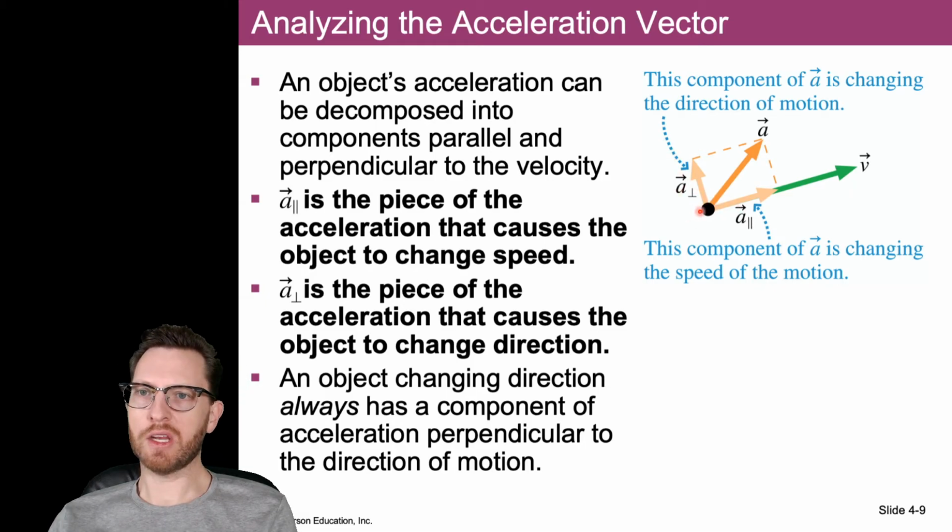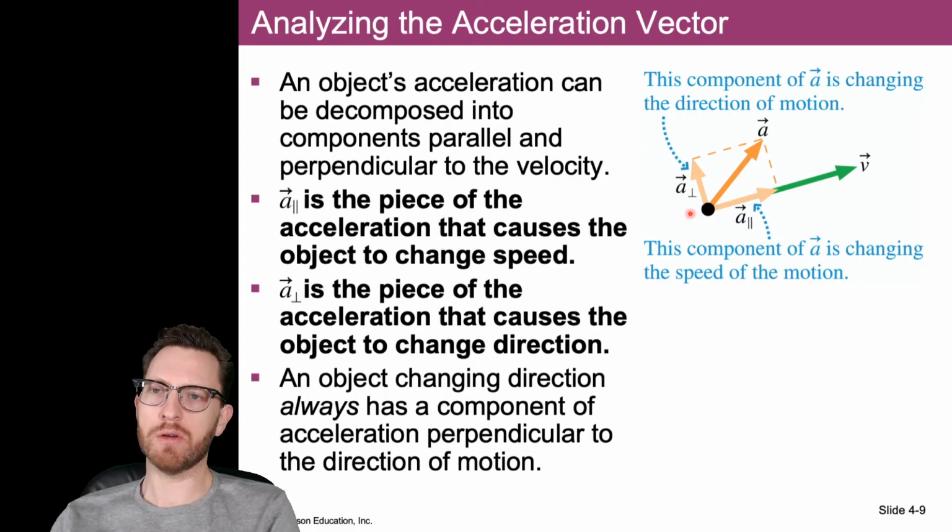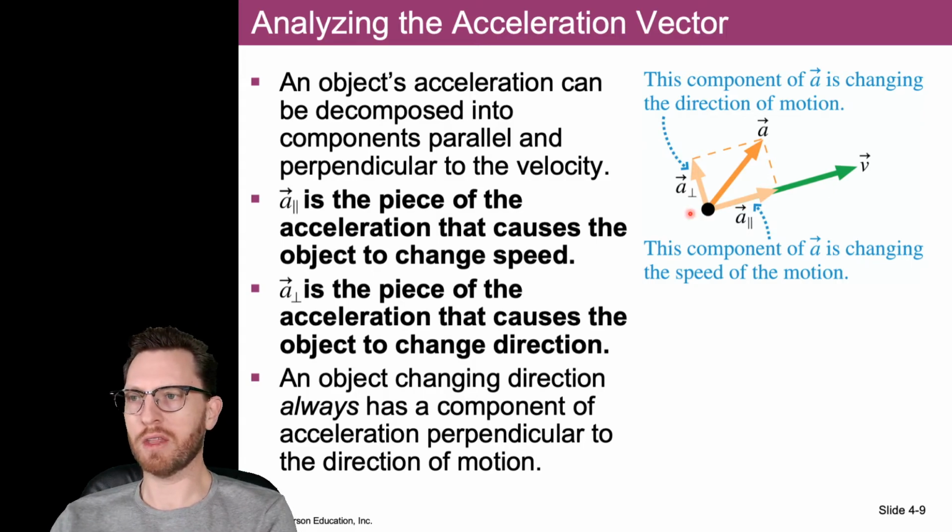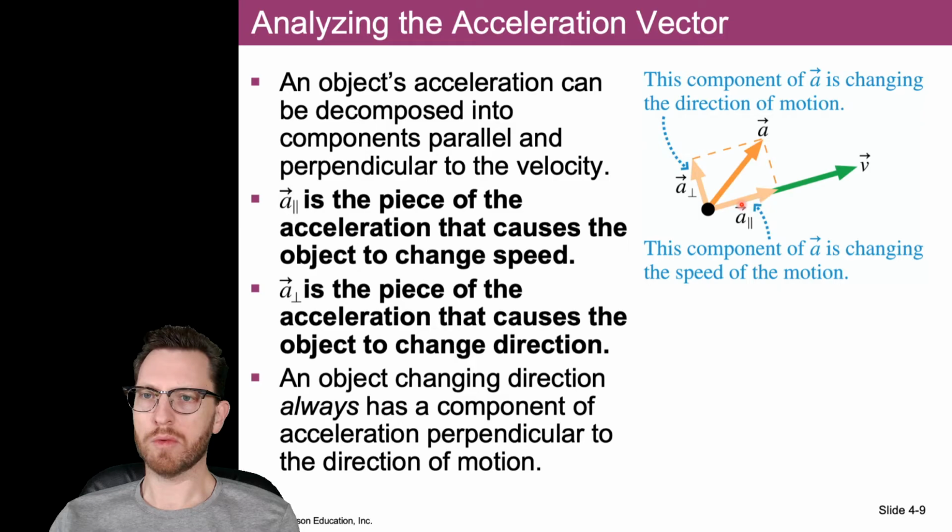If I have that kind of coordinate system, then I can decompose that acceleration vector, just like any other vector, into its vector components. One component is parallel to v, one component is perpendicular to v. What do these two different components do? The parallel component is the piece of the acceleration that changes an object's speed.